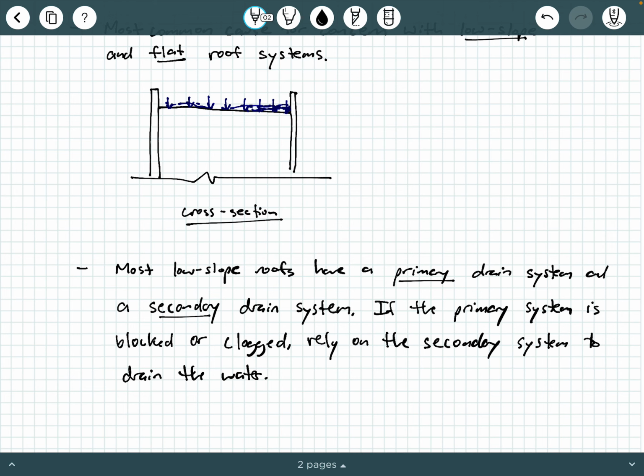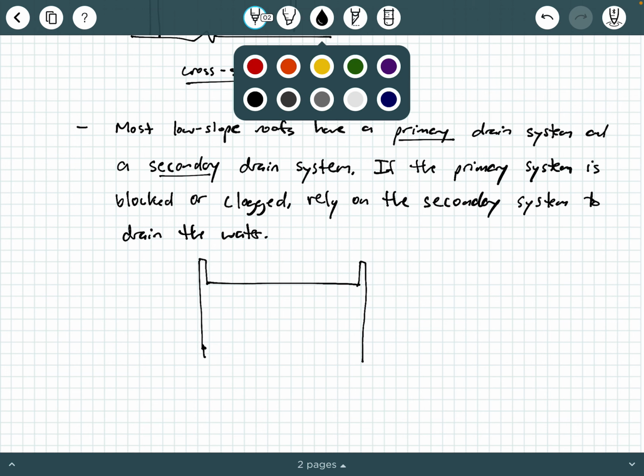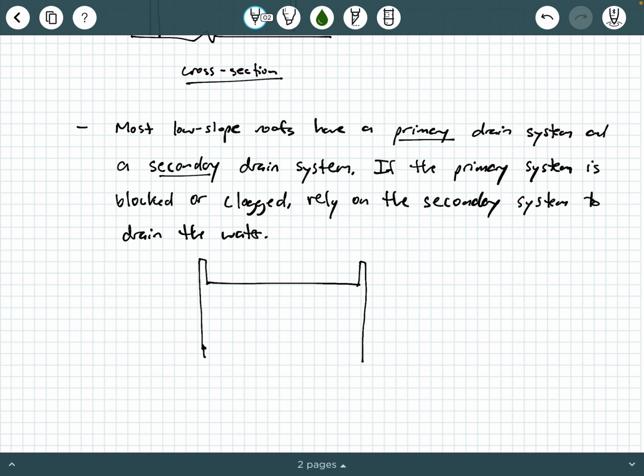Okay, so what do these drains look like? Well, again, I'm going to draw another cross section of a low slope roof. Maybe it looks something like this. You have these parapets. A parapet's like a short little wall here that would prevent large objects from falling over. So it's sometimes called a parapet wall. But anyway, a primary system may be located somewhere in the middle of the roof, and it's usually connected to some kind of pipe.